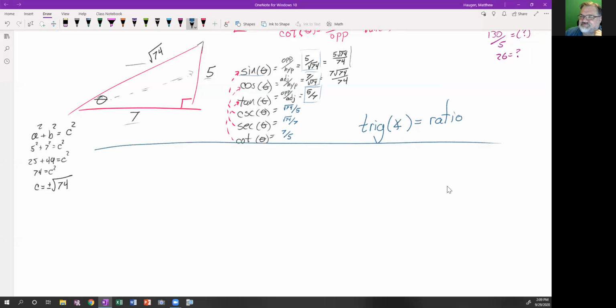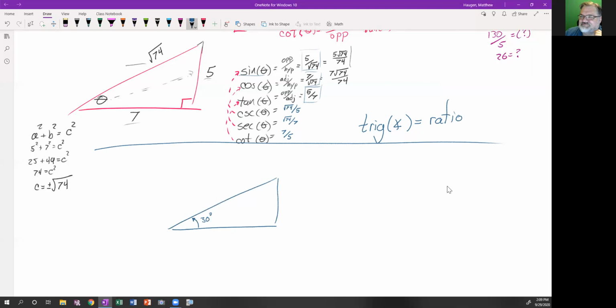Now, often in practical applications, we will know this angle. Let's say this angle was 30 degrees or pi over 6 radians, if we're going to be in radians, which we often will be.